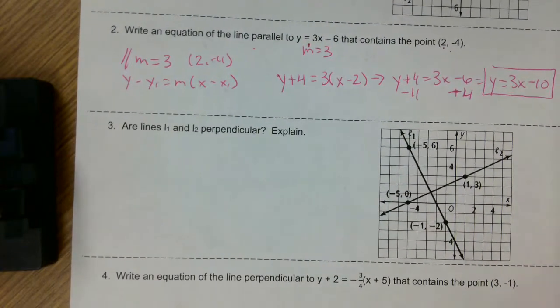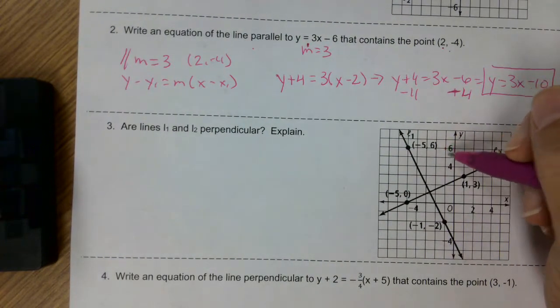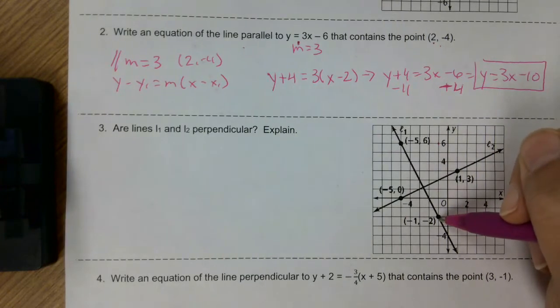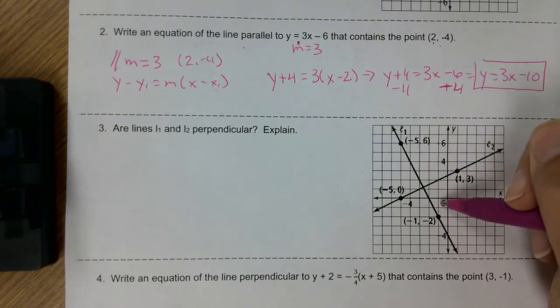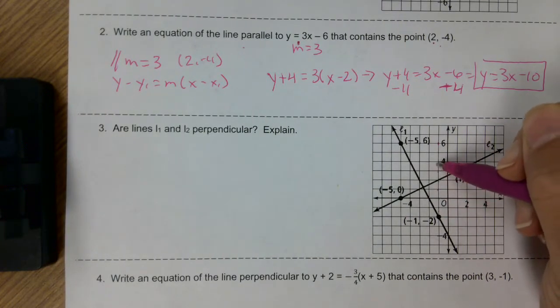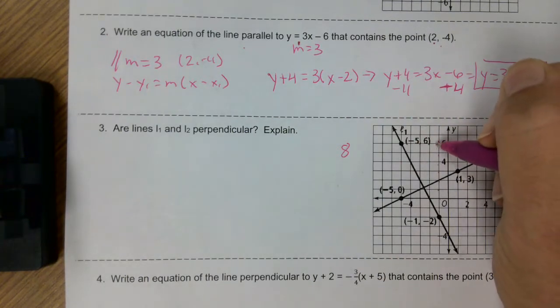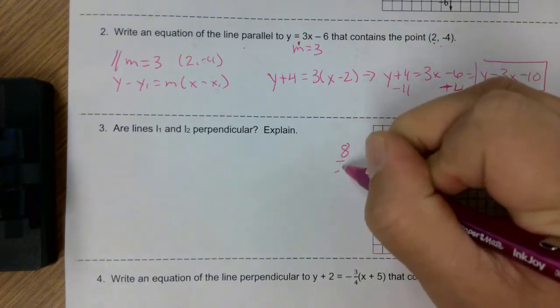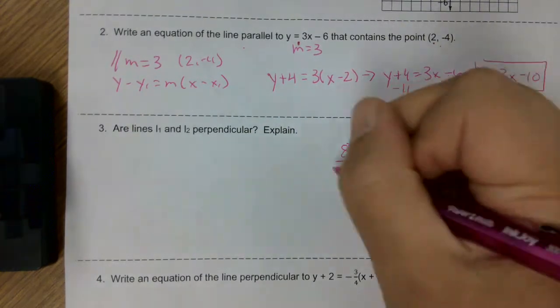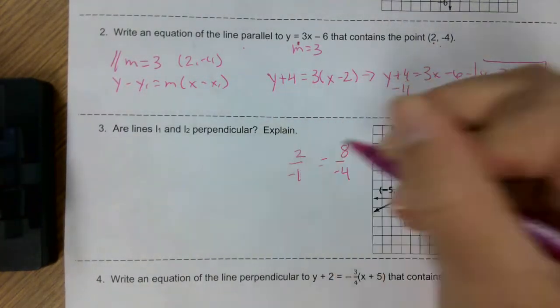Perpendicular needs to be opposite reciprocals, but we're still finding the slopes of both of these first. So my rise from this point, 1, 2, 3, 4, 5, 6, 7, 8. So a rise of 8 and a run, I'm going to the left, so that's negative 1, 2, 3, 4, negative 4. So that's the same thing as 2 over negative 1.